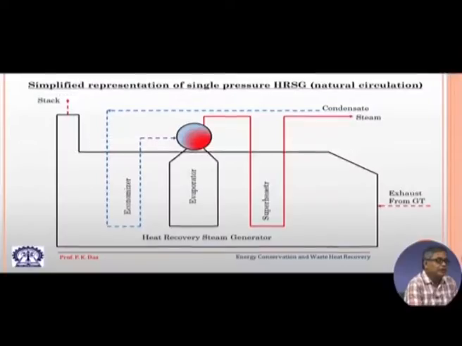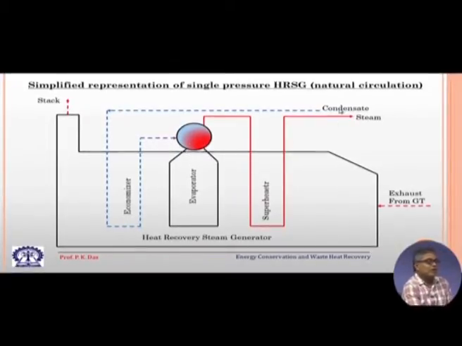So, if we see, this is your superheater, it encounters the high temperature gas here, and then there is the evaporator. There is a steam drum basically, and for evaporation there will be a circuit.